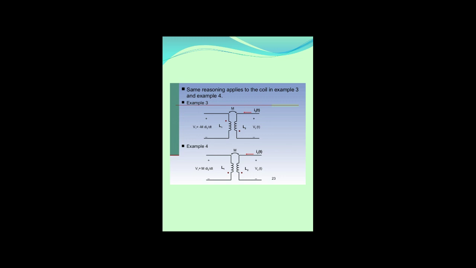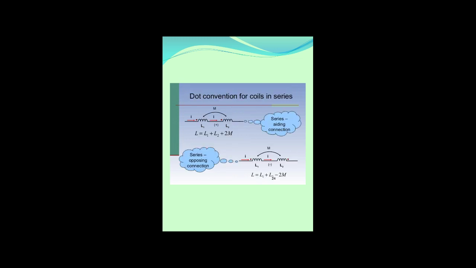The same reasoning applies to the coil in example 3. Voltage induced in V1 is minus M di2 upon dt because of opposite polarity. But in example 4, voltage V1 is M di2 upon dt because of the same polarity.